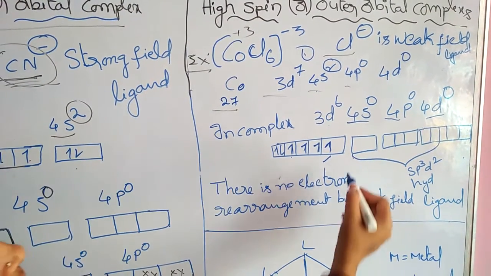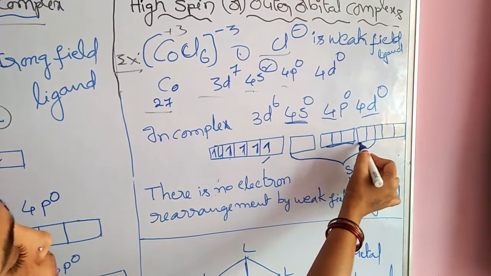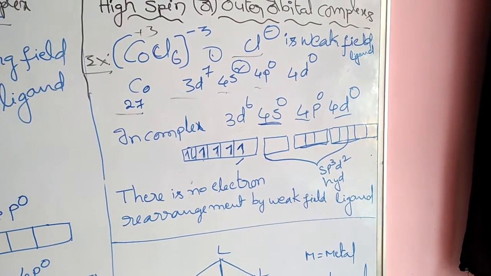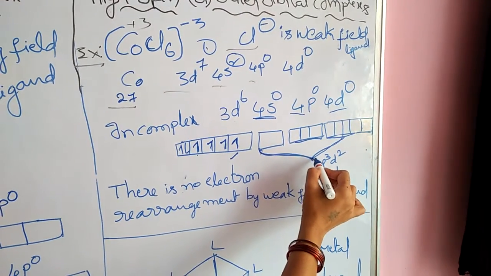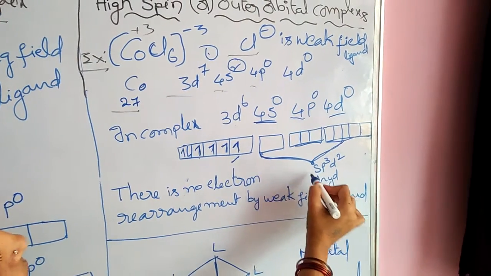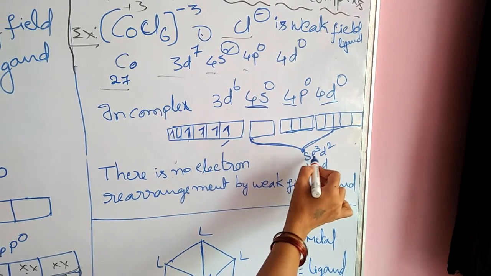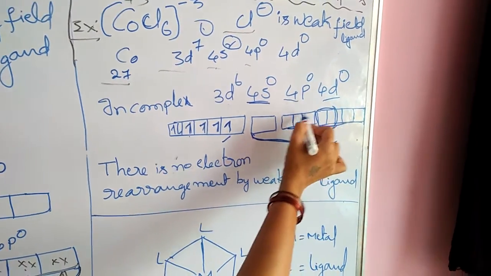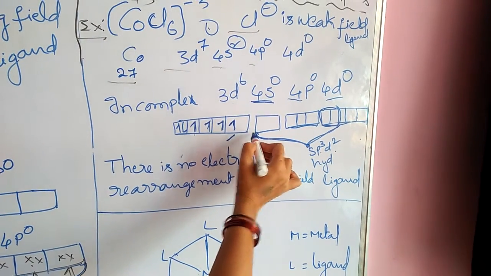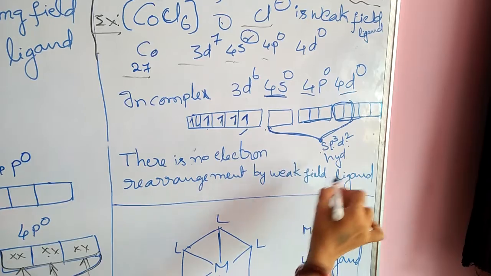Then the 4s, 4p and 4d orbitals are involved in the hybridization for complex formation. So it is sp3d2 hybridization: 2 d orbitals, 3 p orbitals and 1 s orbital.